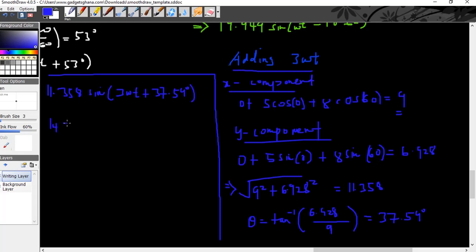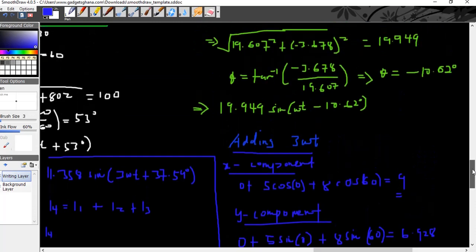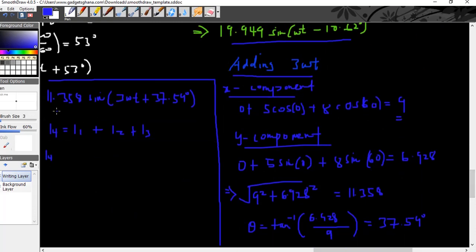So since we know that I4 is equal to the entire of I1 plus I2 plus I3, we know that now I4 will be the total answer we had for both. So we have this answer, okay, and this answer.